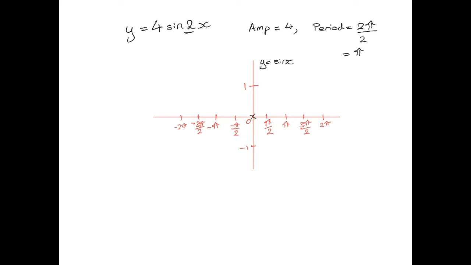Now, I just want to remind you, before I keep going, with the unit circle, and these points are 1, 0, 0, 1, negative 1, 0, and 0, negative 1.